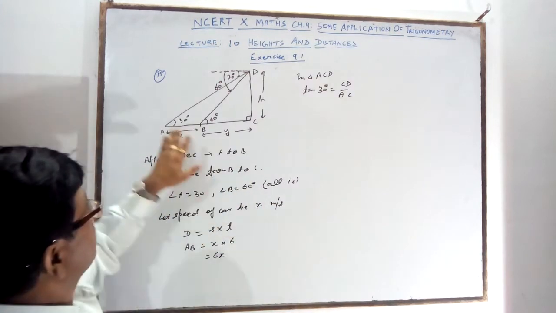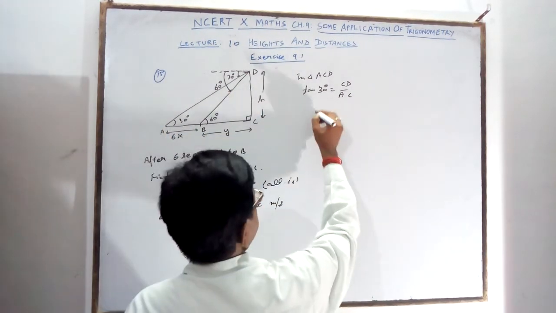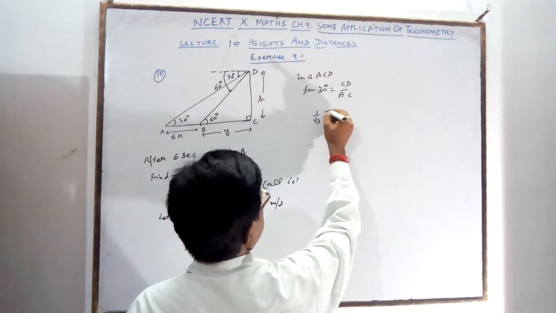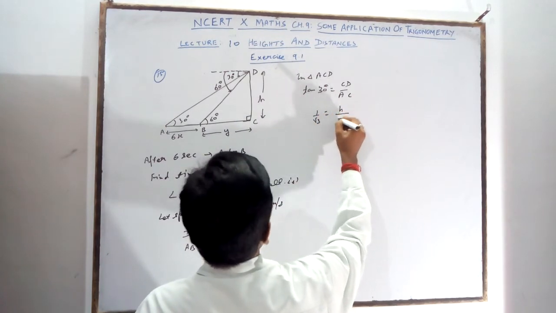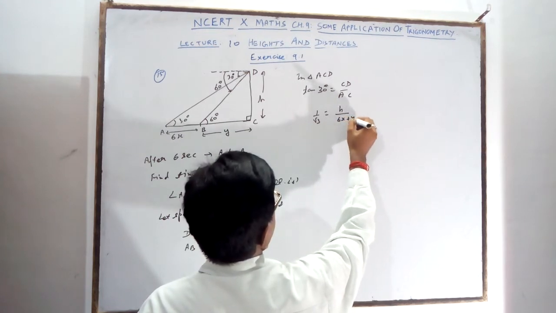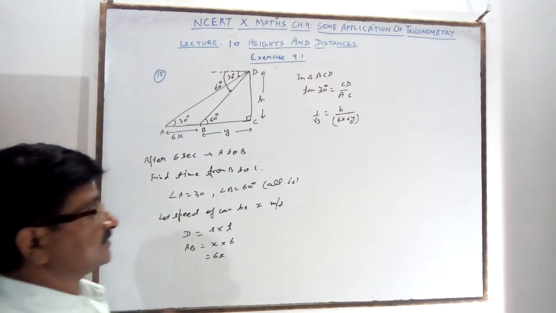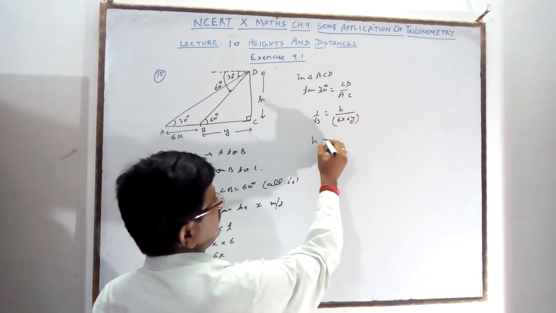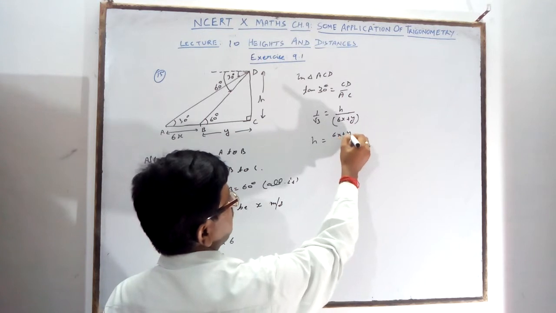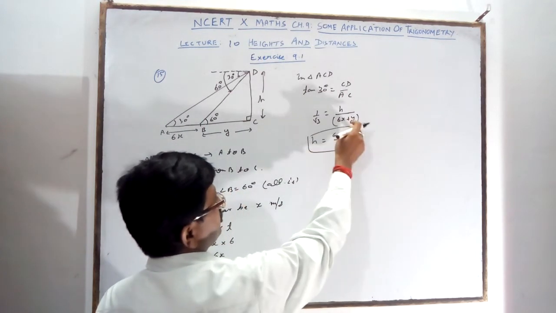Tan 30 degrees is 1 by root 3, CD is h, and AC you can write as 6x plus y. So h is equal to (6x plus y) by root 3. Any confusion here? It is a direct cross multiplication.